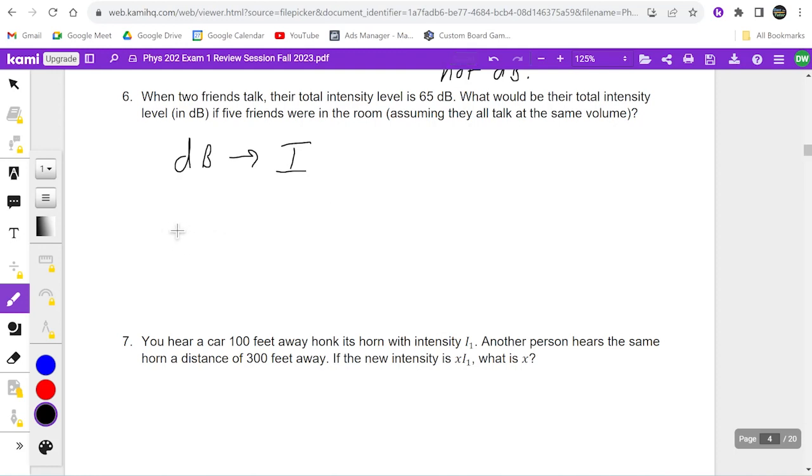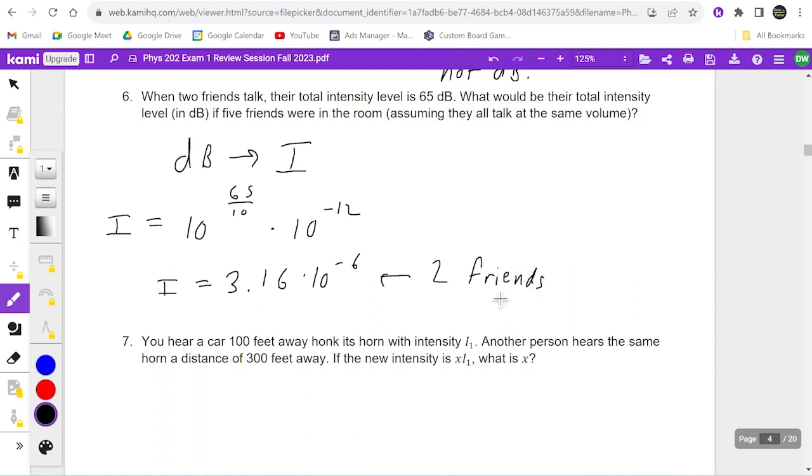So to convert to intensity, I would say I equals 10 to the power of 65 over 10, times I naught, which is 10 to the minus 12th. If I plug this in my calculator, and assuming I plug it in right, which of course I would, why would I ever not, I would get 3.16 times 10 to the minus 6th, and I have no idea what the units are. It really doesn't matter. But again, this is the intensity for 2 friends.